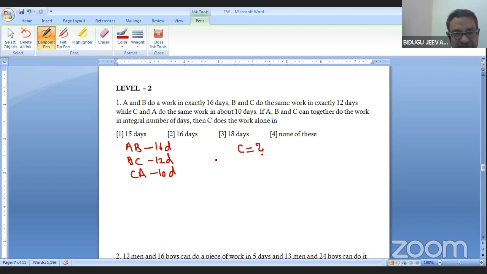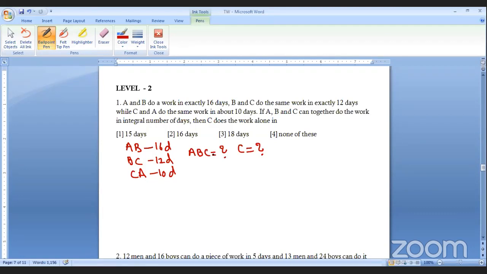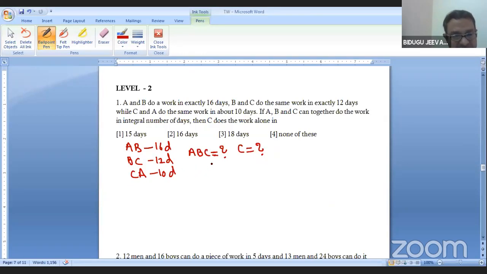I think we have done one question like this previously. To calculate C, first let me calculate ABC altogether. Can you recollect the procedure? How to calculate ABC when such a structure is given?